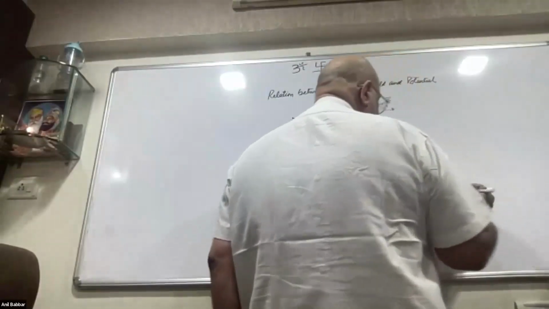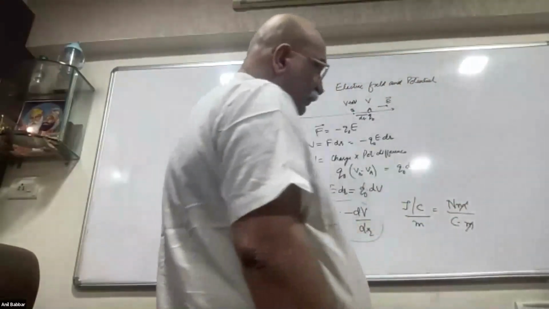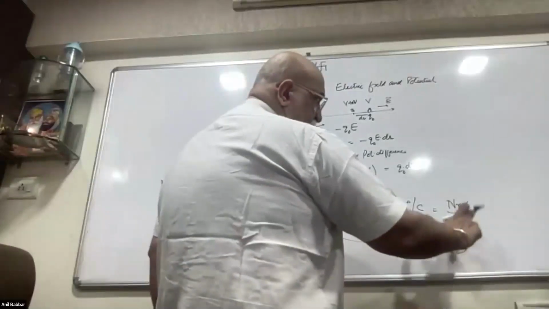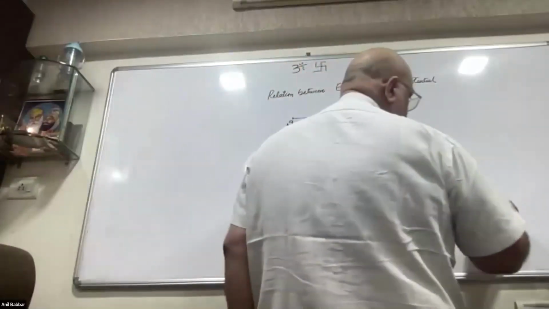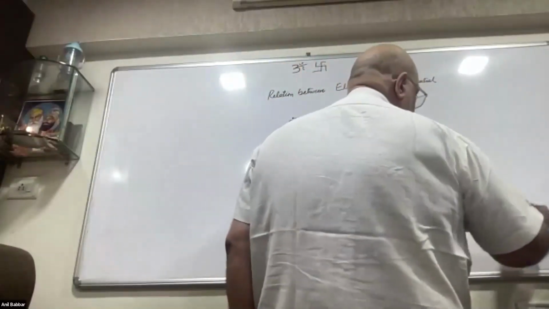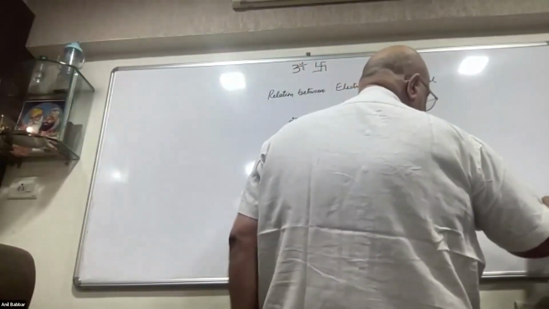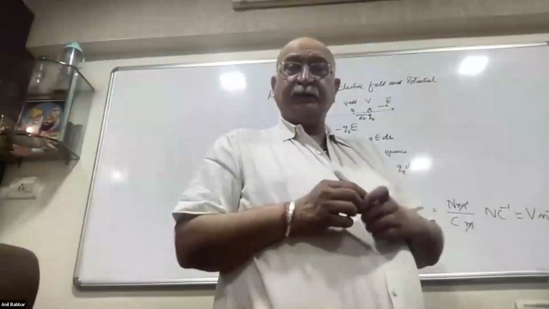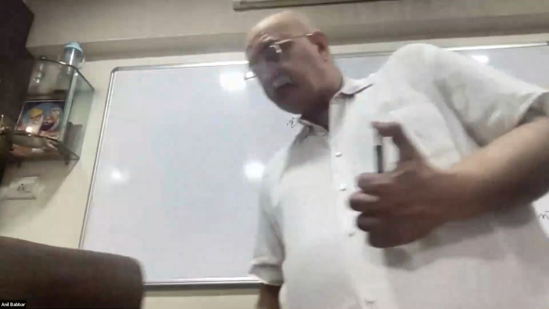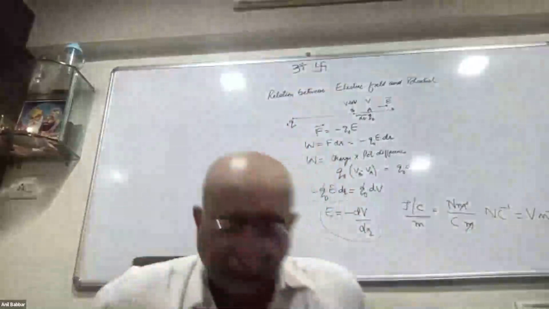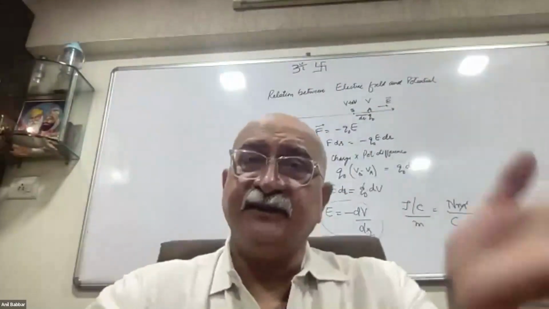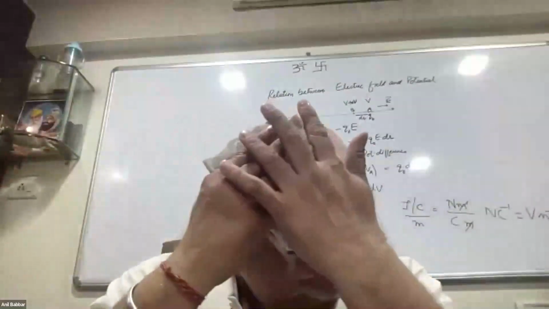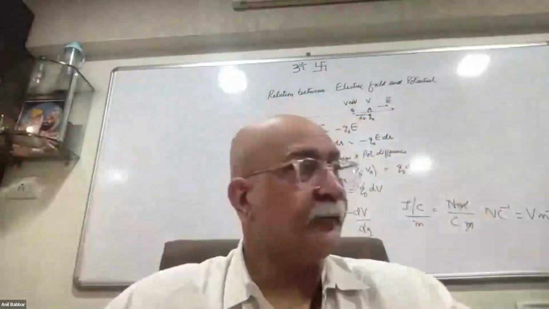The meter cancels with this meter, and it becomes Newton per coulomb. And this is volt per meter. Volt per meter is also written as Newton per coulomb. So these two units are the same; they represent the same physical quantity.